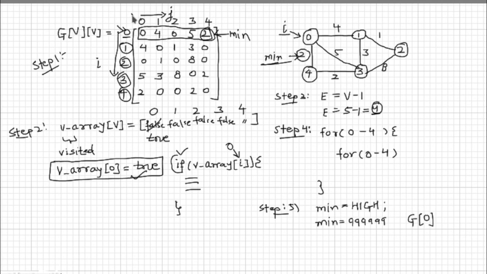So let's say we are at this iteration, which is at the 0th position. So g of 0 comma 0. Now we are going to compare this value with this one. So now you can see that the value at the g of 0 comma 0 position is 0, and this value minimum is greater than this. So this will allow us to proceed with the algorithm.